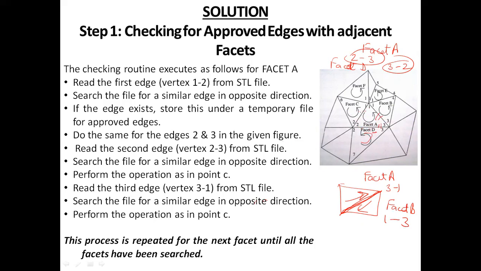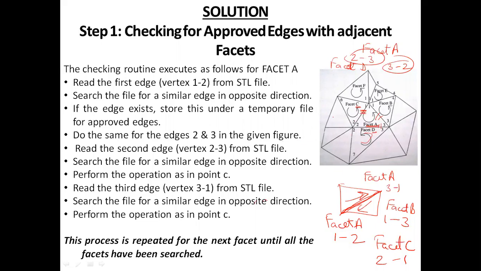Now I'll check the third edge, which is shared between facet A and facet C. For facet A, the edge orientability is 1 to 2, and for facet C, the orientability is 2 to 1, which means that facet A is a genuine, right facet.